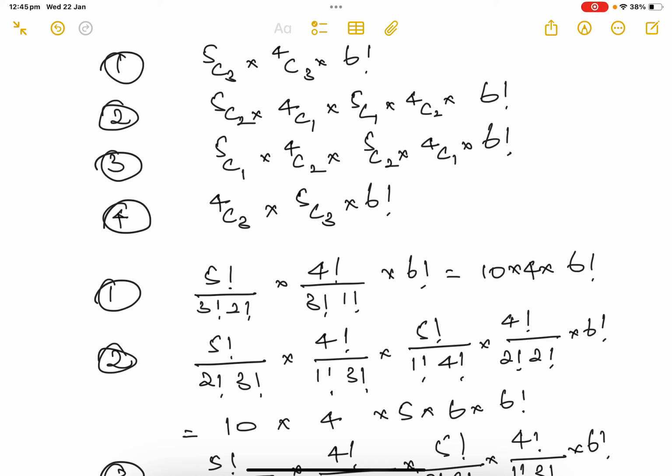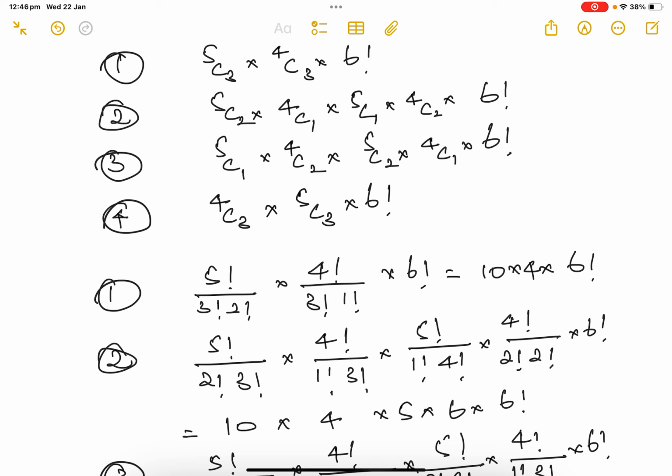For the first one: 5 factorial over 3 factorial 2 factorial times 4 factorial over 3 factorial 1 factorial times 6 factorial. So this is 5 times 4 times 3 factorial, the 3 factorial cancels out, then 20 divided by 2 is 10. And 4 factorial over 3 factorial 1 factorial is 4.